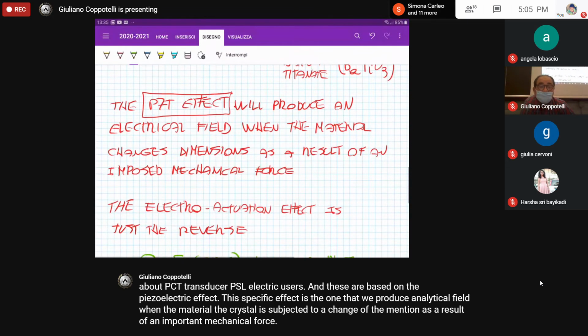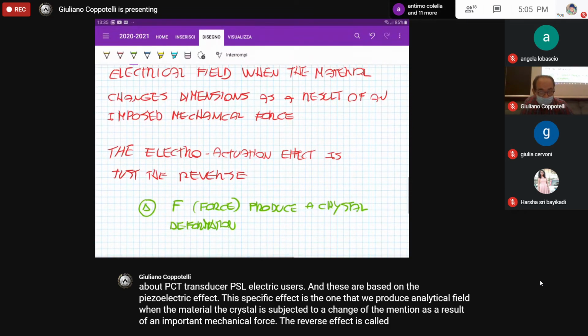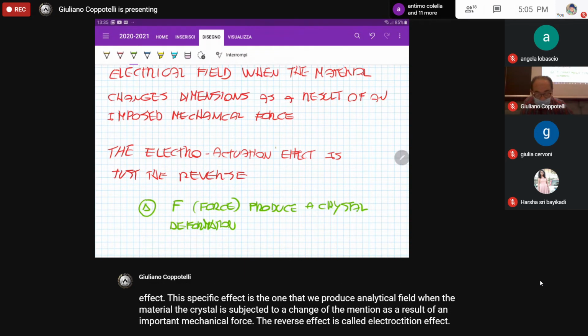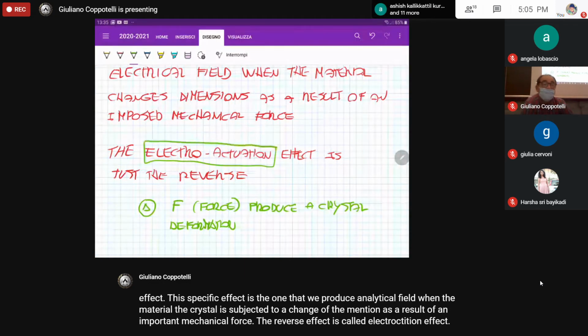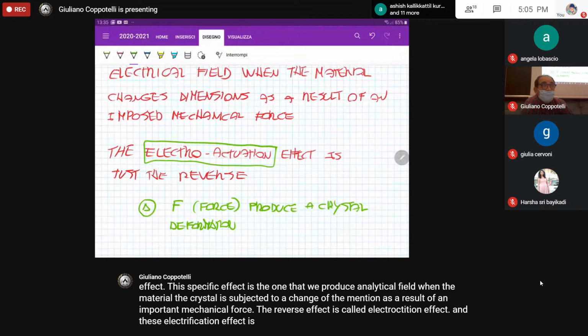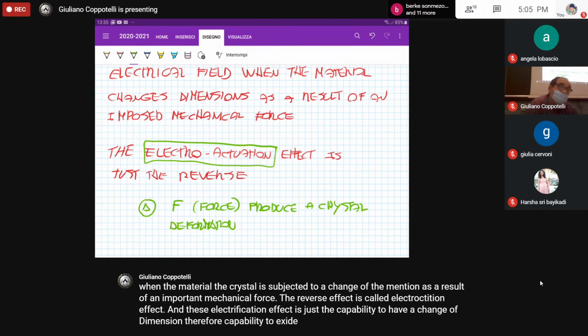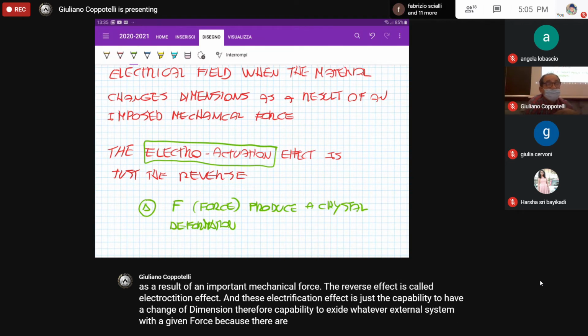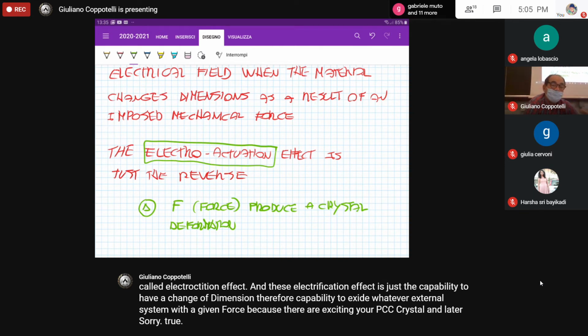The reverse effect is called the electroactuation effect. This electroactuation effect is just the capability to have a change of dimension, therefore a capability to excite whatever external system with a given force, because we are exciting the PZT crystal through an electric field.